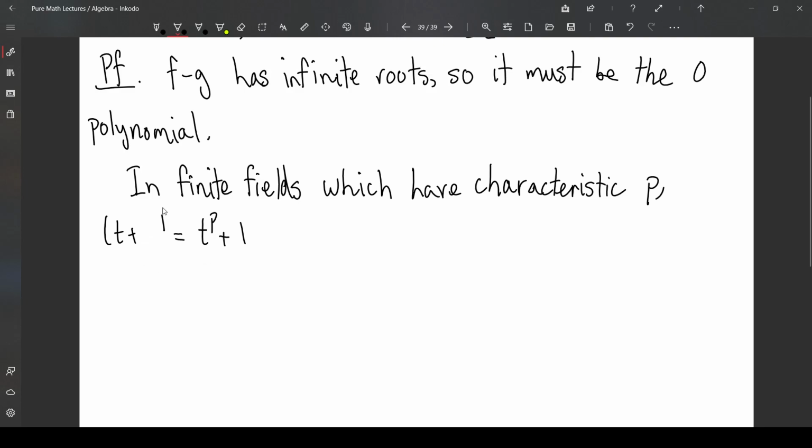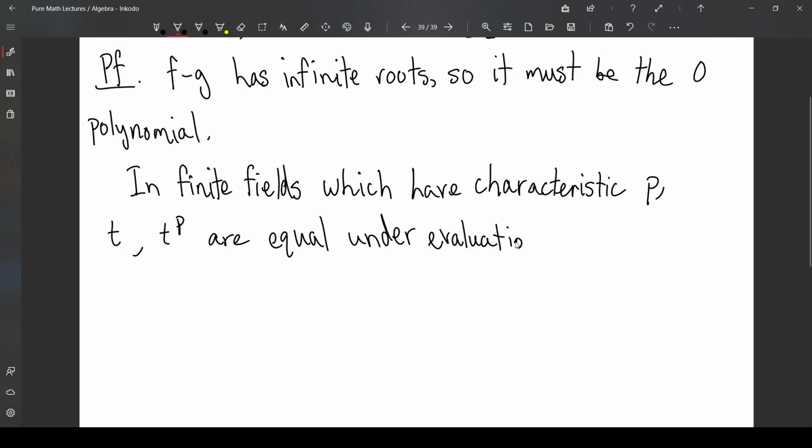I guess if you want, or I think t and t to the p are equal under evaluation. But not as polynomials, right? Because t and t to the p are different polynomials.